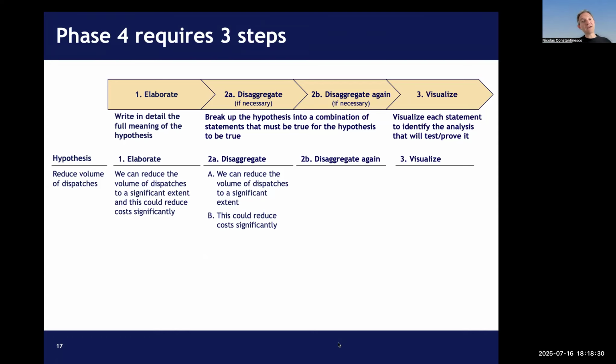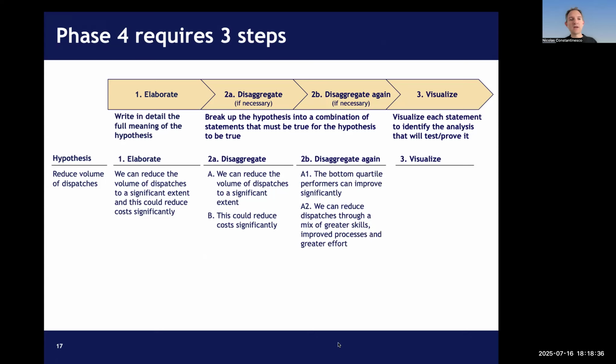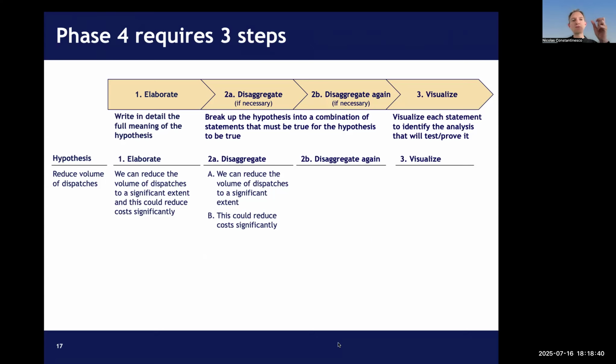And I can actually disaggregate even more to make it more granular. So the A bit: how could we prove that we can reduce the volume of dispatches to a significant extent? What would have to be true?